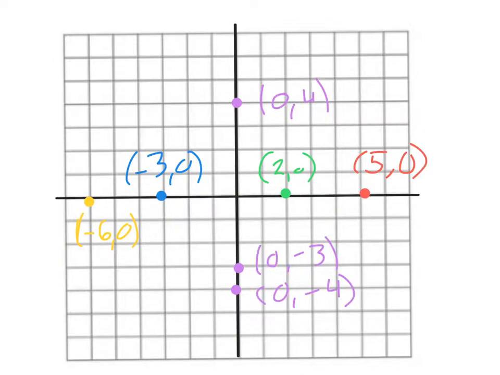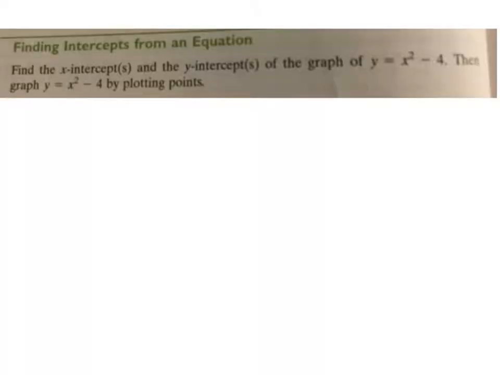So every y-intercept, what happens? The x is 0. Every y-intercept, the x value is 0. Every x-intercept, the y value is 0. And we're going to use that to find intercepts.